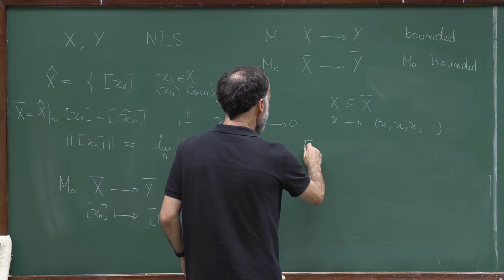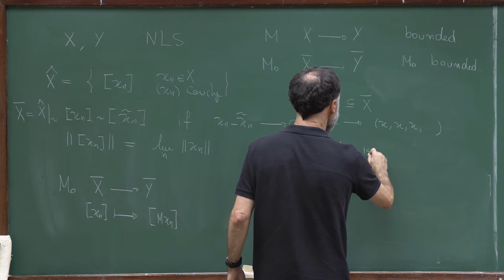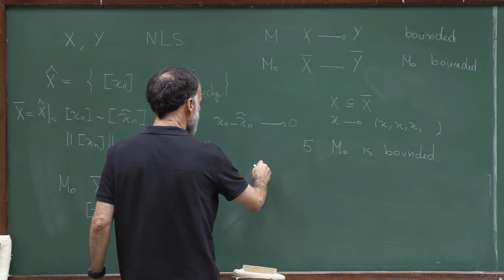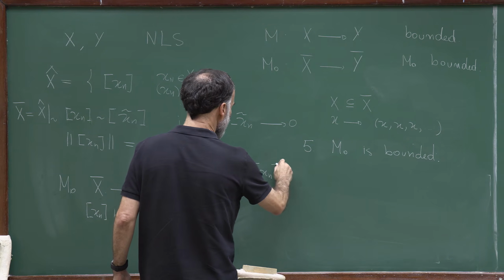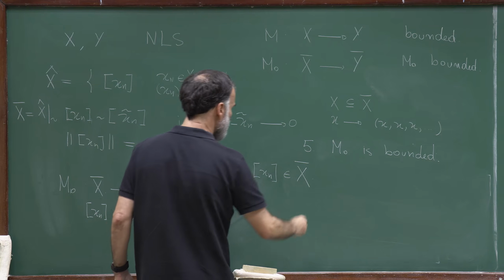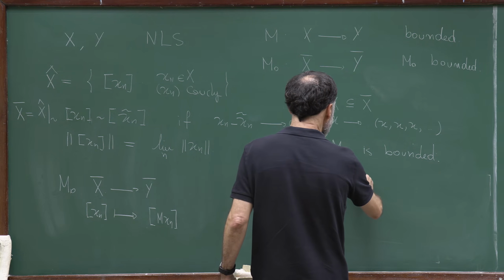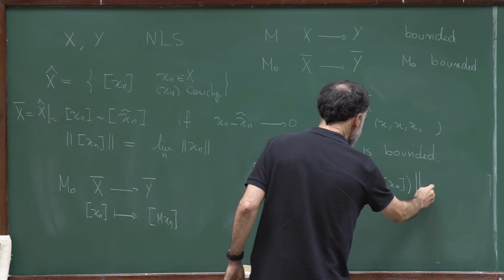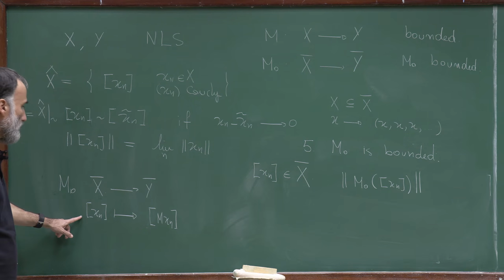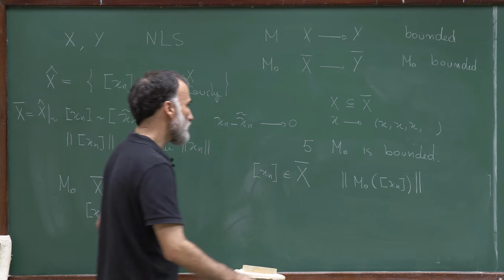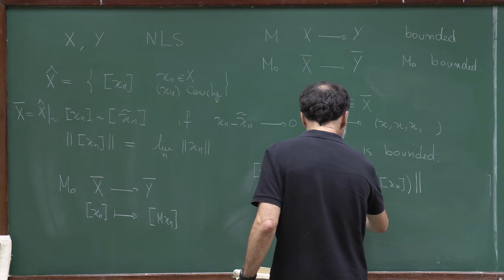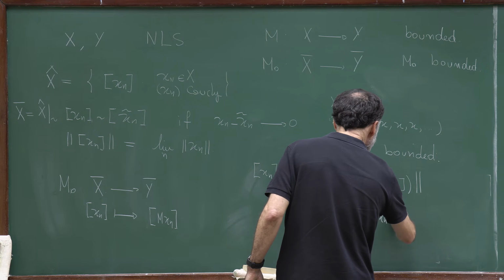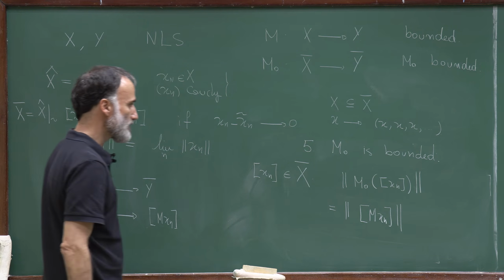And finally, we have to show that M0 is bounded. So let's consider an element xn in the completion of X. Let's consider the norm of M0 of xn. Well, by definition, M0 of this equivalence class is equal to the norm of M xn, the norm of this equivalence class.